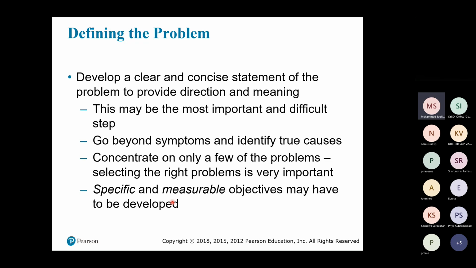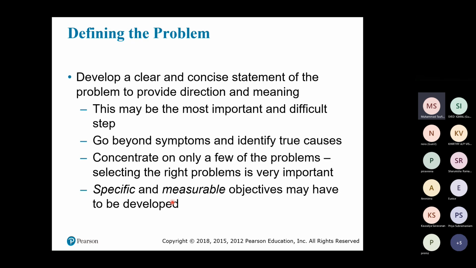Then the goal. After you clearly understand your problem, set the goal for after the problem solving process ends. You can use the goal to measure the result of your solution.